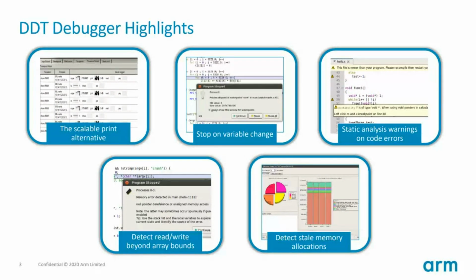Static analysis, so before you even run the code, we do some analysis of potential problems like using variables that have not been initialized, failing to free memory, those types of issues that can be detected without execution. Memory debugging, the ability to detect reading or writing outside of an array. Heap corruption, memory allocation errors, those types of problems.